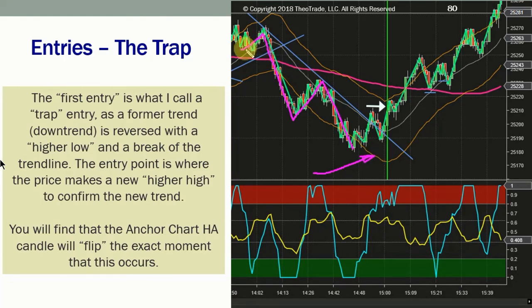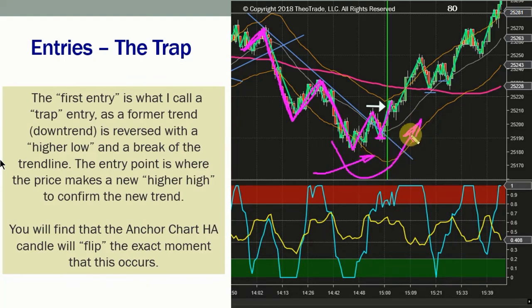But notice this. This is Dow Theory 101, guys. Lower highs, lower lows. Lower high, breaking the trend line. Higher low, higher high. There's the change in polarity right there.